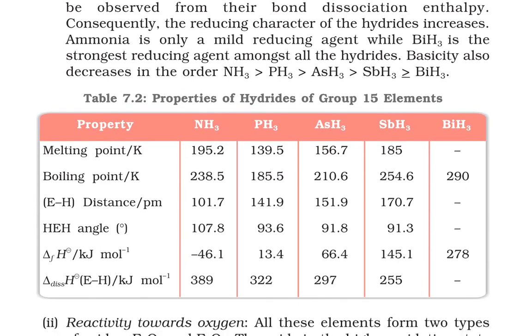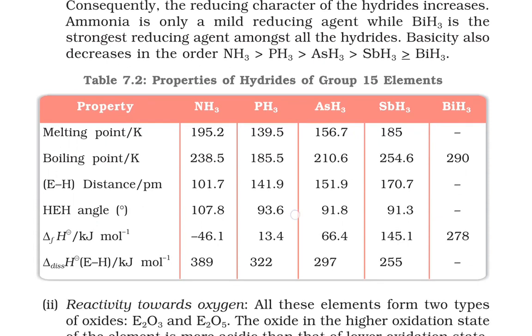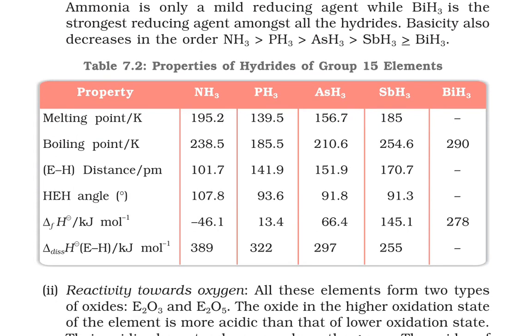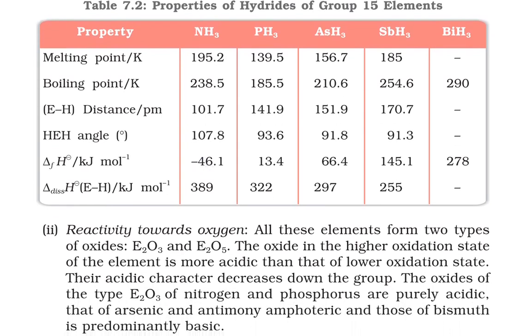In some cases the basicity of SbH3 is equal and in some cases it is larger, as we can observe from the table here. NH3, PH3, AsH3, SbH3, BiH3, the melting point, boiling point and E-H distance. E-H distance means, like in NH3, the distance of N from H, in PH3 the distance of P from H, and so on, given in picometers.